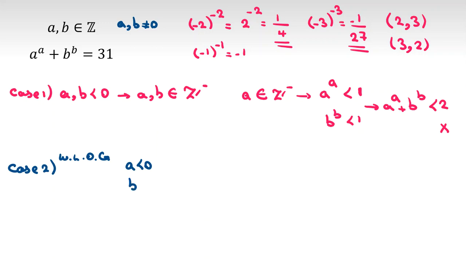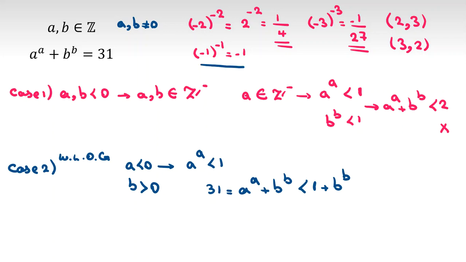So, for example, A less than 0, B greater than 0. Okay, in my previous part, we said A to the A is less than 1. So we can use this. A to the A plus B to the B is less than 1 plus B to the B. And we know A to the A plus B to the B equals 31.